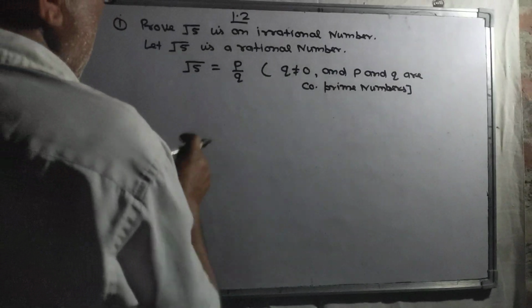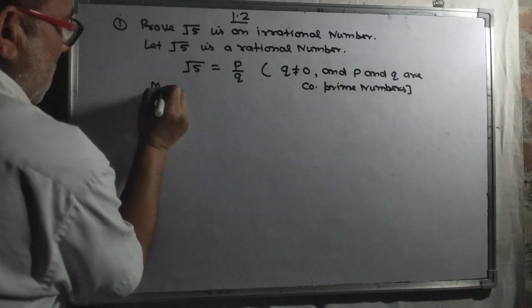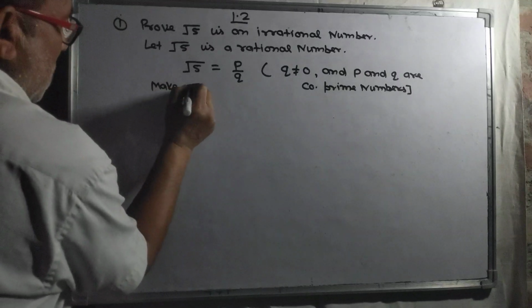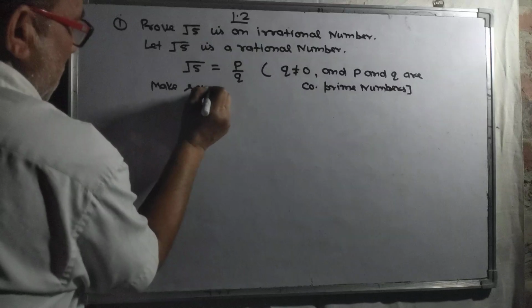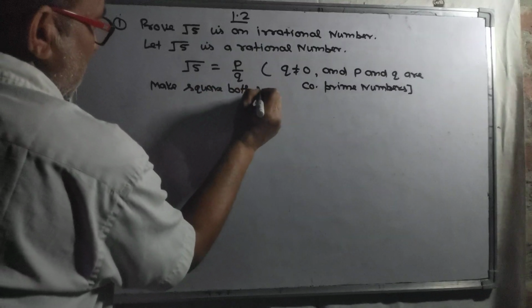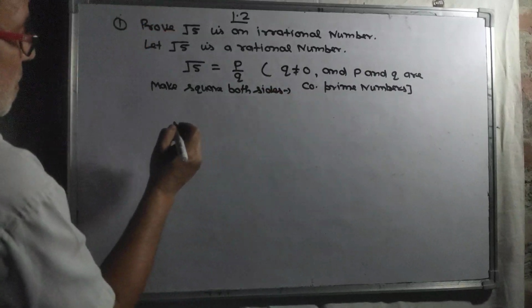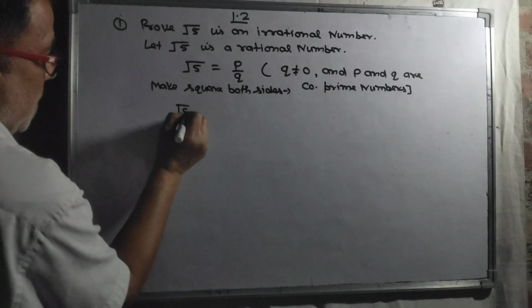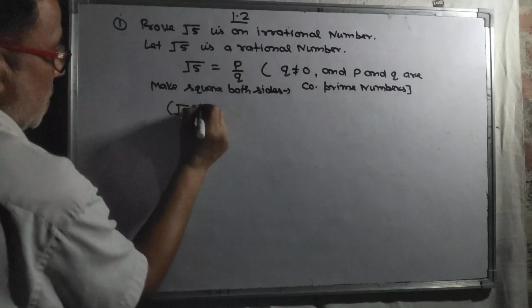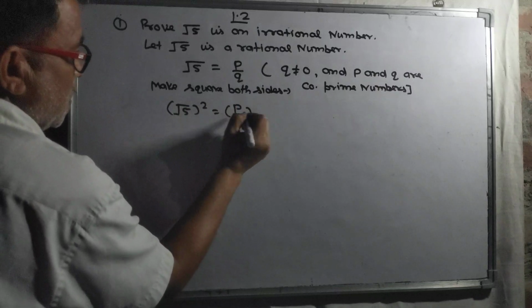Now I will square both sides. What will happen? Root 5 whole square equals p by q whole square.